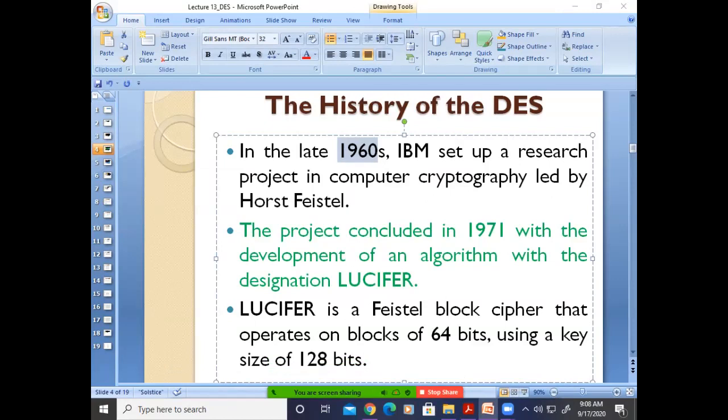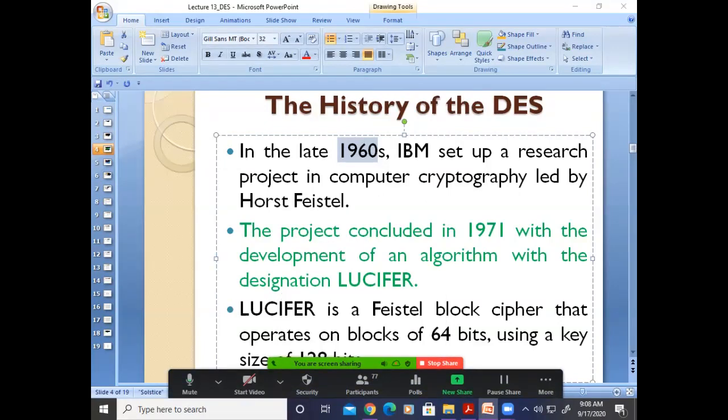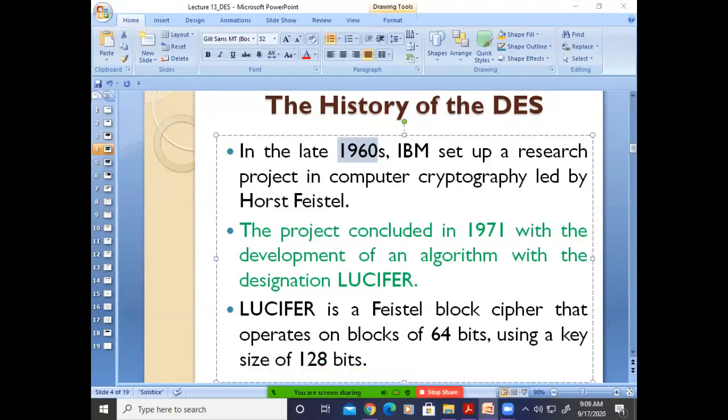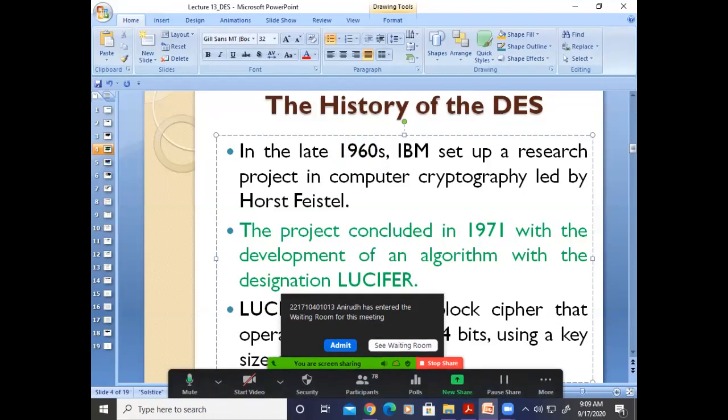Now he developed an algorithm, which at that time was called Lucifer, and it works on blocks only, and each block consists of 64 bits, but the key size was 128 bits. A 128-bit key means so many possible keys, 2 power 128.